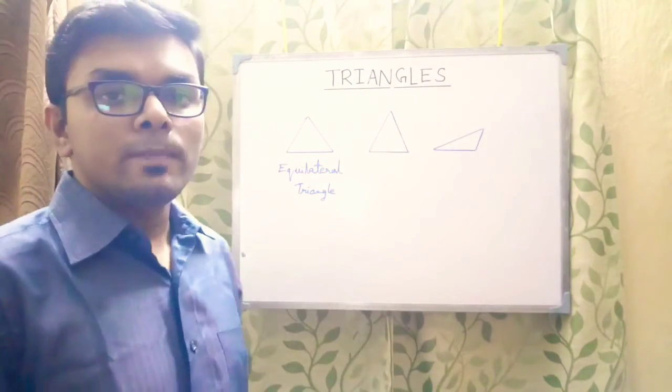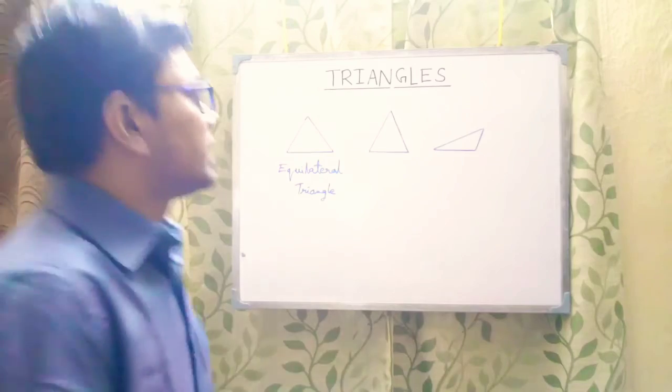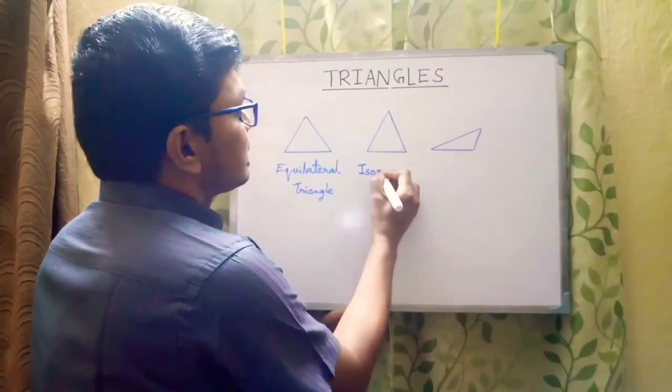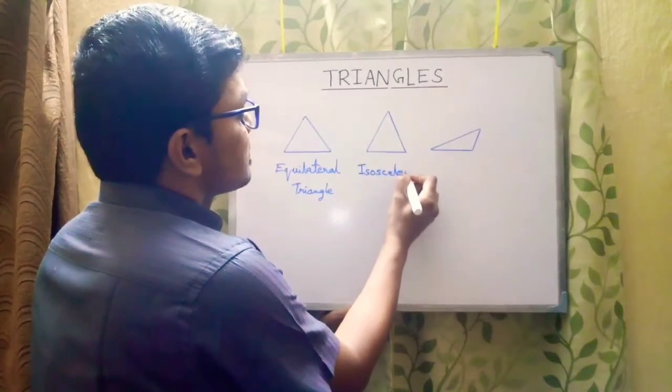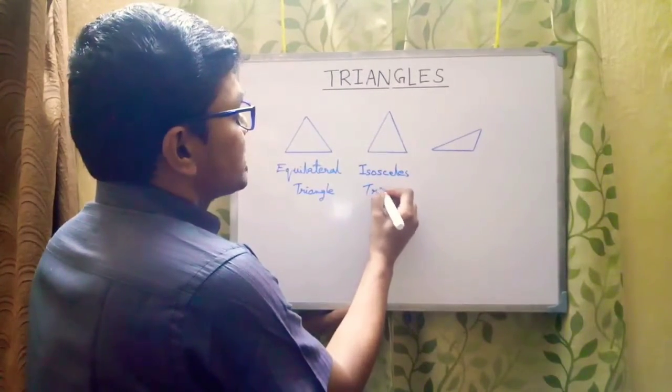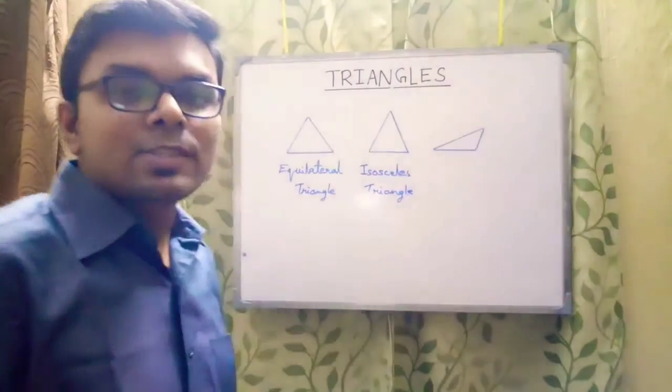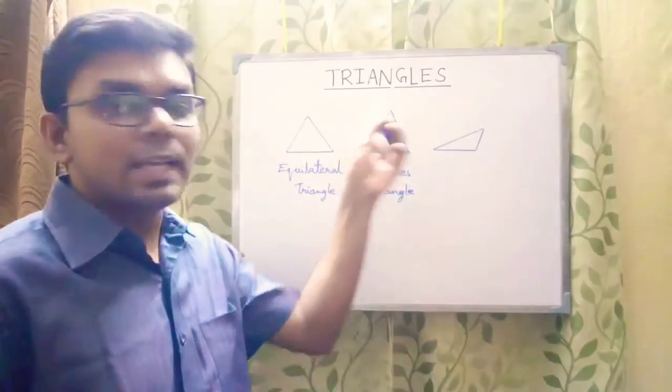We now move on to the next type of triangle. This is called an isosceles triangle. Now what is an isosceles triangle? An isosceles triangle is a triangle whose two sides are equal.